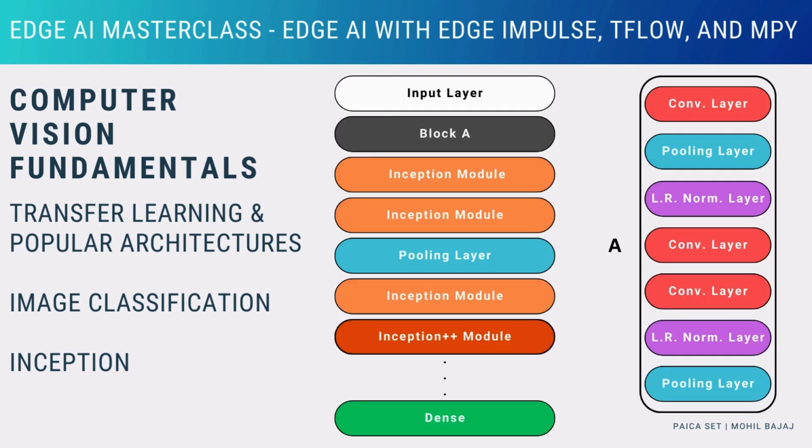This slide shows a simplified version of the Inception network. As can be seen, it starts with a few convolution, batch norm and pooling layers, which we have combined together here in this module called Block A. After Block A, the Inception network really is just stacks of Inception and Inception plus plus modules stacked one after the other, with a few pooling layers in between to reduce feature map size.